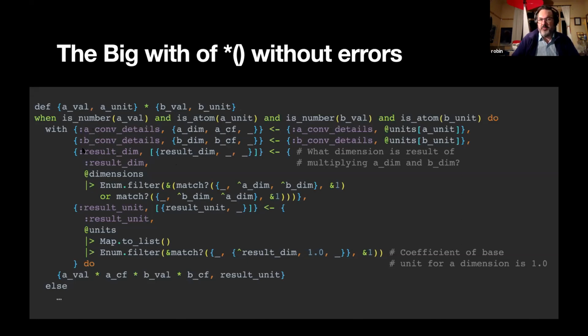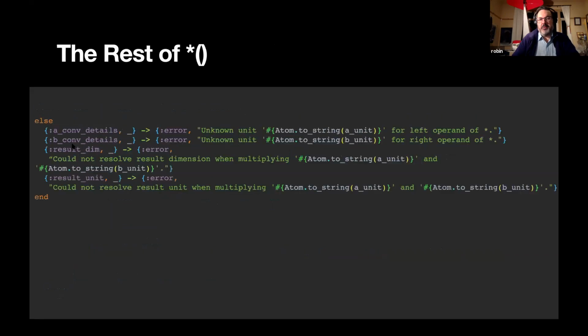These are 4 different stages of the with that could fail. And so if I label them like this, then I'm able to match inside the else on which section of the with had failed and then return an appropriate error message depending on which thing had failed.